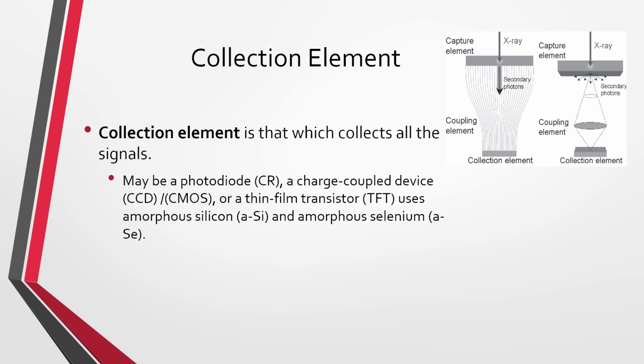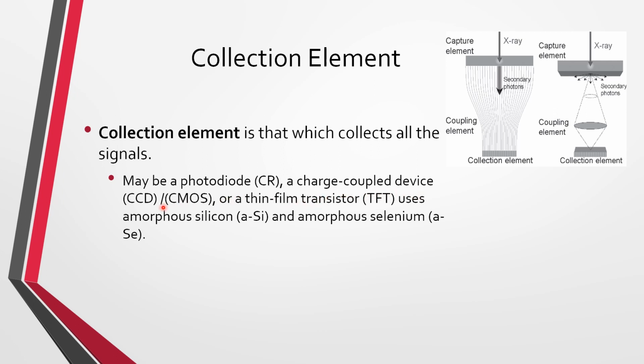The collection element, this one doesn't have the animation, but it's fine, is that which collects all the signals. Okay, so this is collecting all the signals, and it could be the electronic signal or it could be the light signal. It may be a photodiode, which we learned about in SEER, a charge coupled device, which a photodiode may be in some DR technologies too, from what I read from text.